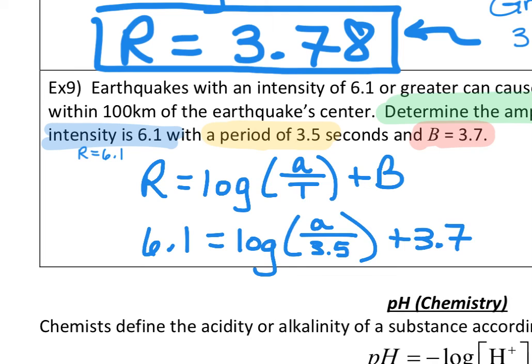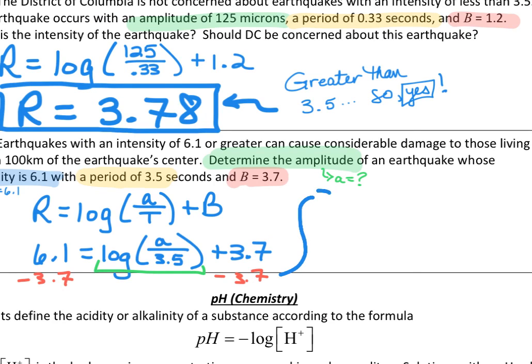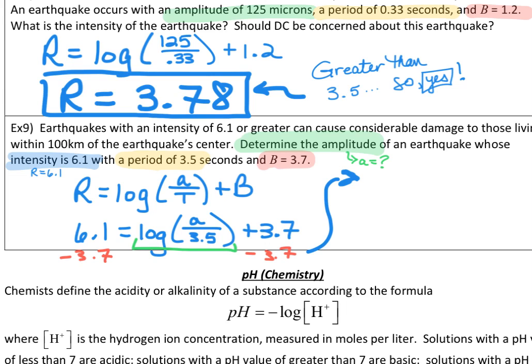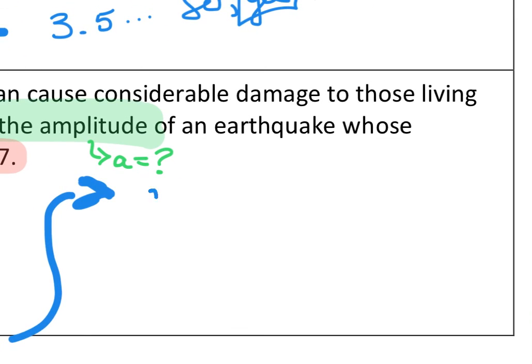What I want is to get the actual log by itself, so I'm going to subtract 3.7 from both sides. Over here, then, 6.1 minus 3.7 is 2.4. And so that whole thing becomes 2.4 equals log of A over 3.5.